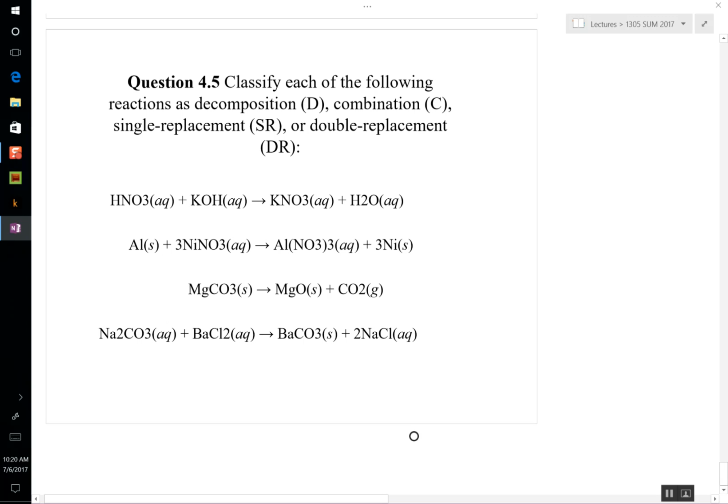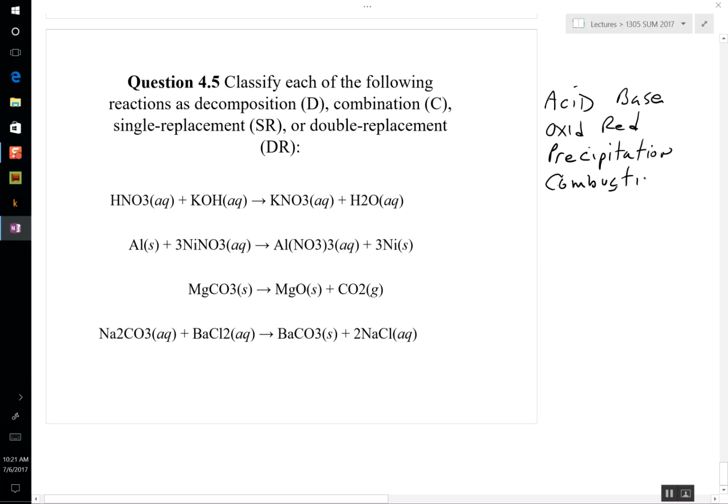Oh, they're having you classify them as decomposition, combination, single replacement, or double replacement. Actually, let's look at them as acid base, oxidation reduction, precipitation, and let's see, was there a fourth type? Oh, combustion.